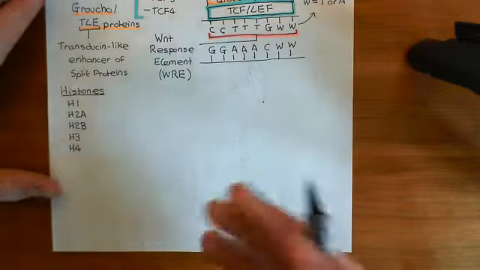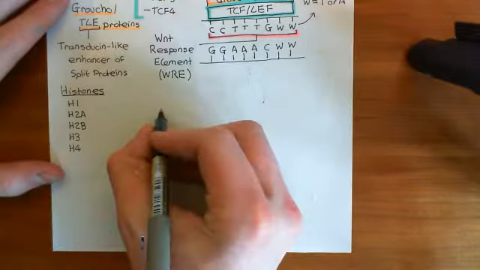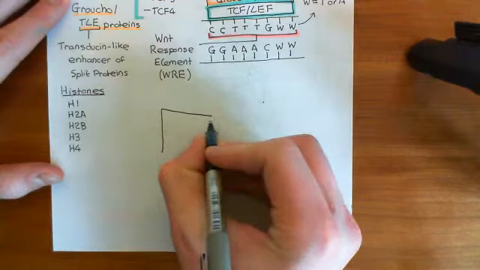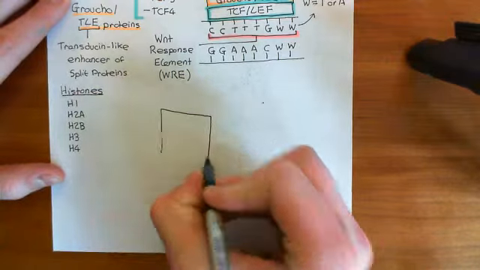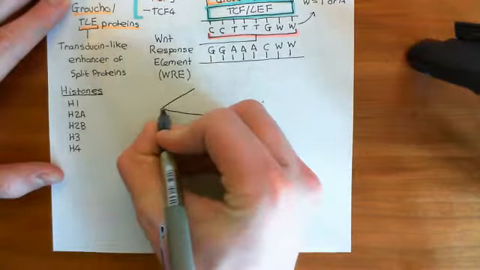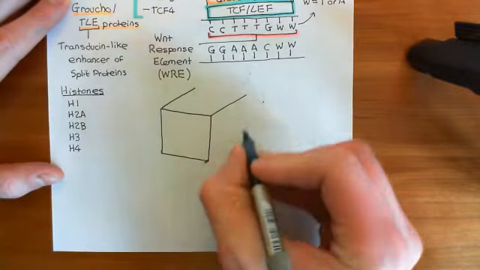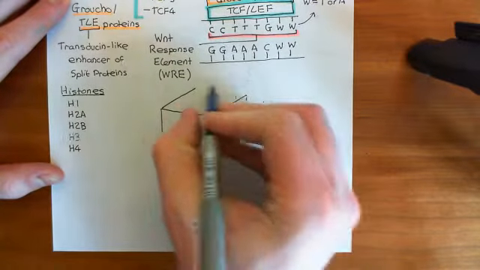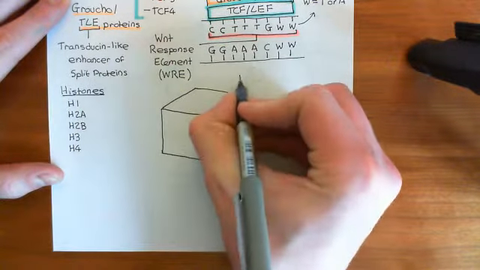Okay, right, so what is the function of histones? Well, basically, histone proteins are going to bind together in these structures known as histone core complexes, which are basically octamers of histone proteins. So let me draw this here. Okay, so I'm going to draw it as a cube. Right, so this is the histone core complex here.